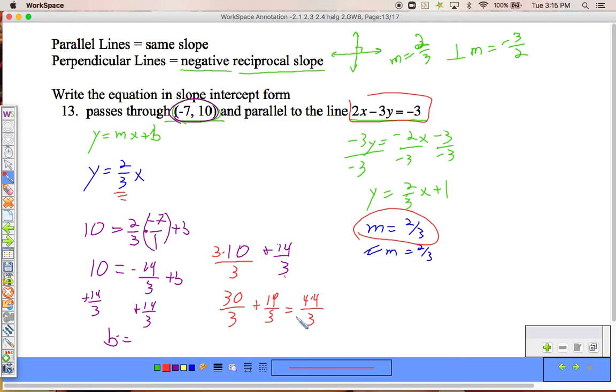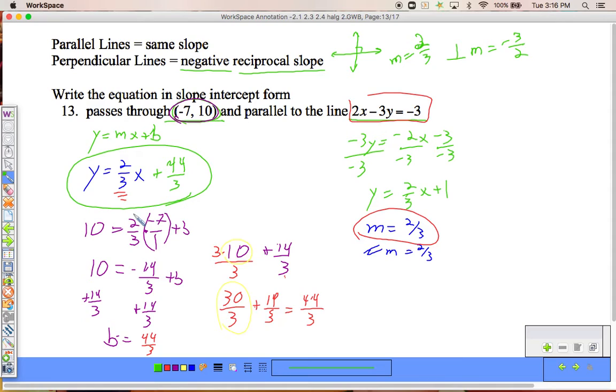And just because it's a fraction doesn't mean it's wrong. So I had to force common denominators and change 10 into 30/3. Do my math. I get y equals 2/3 x plus 44/3.